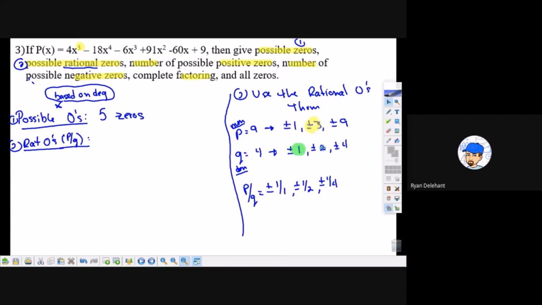That one goes to 3. That one goes back to 1. Plus or minus 3 over 1. Plus or minus 3 over 2. Plus or minus 3 over 4. And we'll do a different numerator. So plus or minus 9 over 1. Plus or minus 9 over 2. And plus or minus 9 over 4.